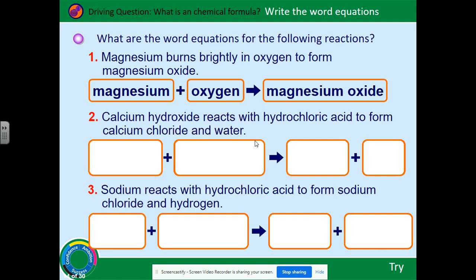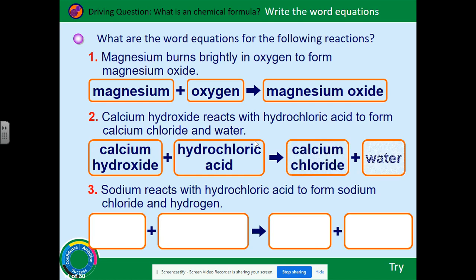Which 2 substances would fall under the reactants side and which 2 will fall under the product side? So as we can see, calcium hydroxide plus hydrochloric acid are the reactants. Therefore, the products should be calcium chloride and water.